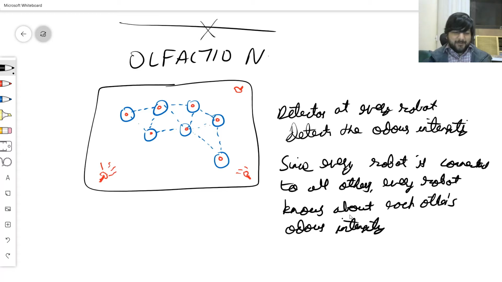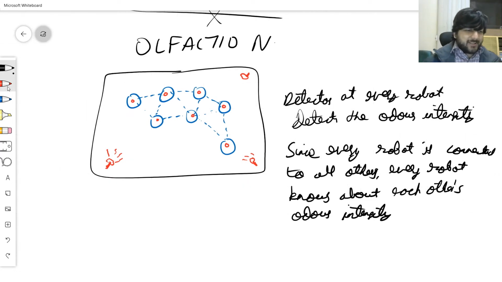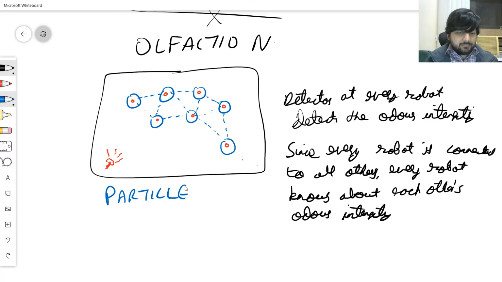Now, let me use a direct algorithm, although we will look at it much later in the course, and therefore I might just skip this one here and currently assume that there's a single odor source. A very practical algorithm is the particle swarm algorithm.